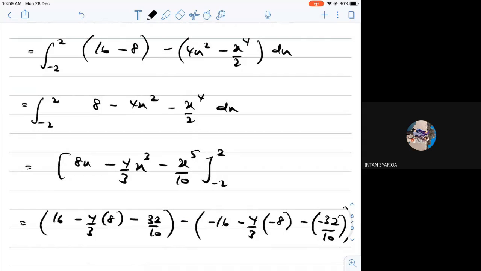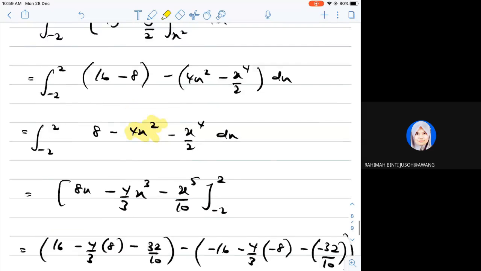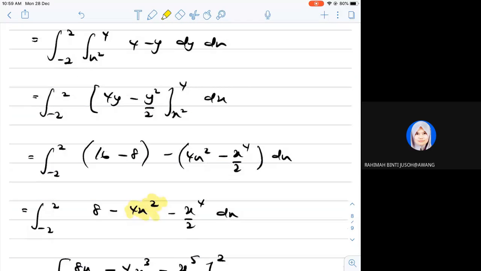Not that plus, the one above. 4 times 4, 16, that's correct. 4 squared, 16 divided by 2, that's correct, 8. This 16 is correct, right? And then this one, 4x squared, 4x squared minus, then plus x to the power of 4 over 2, right? Is this correct? Oh yes, plus.